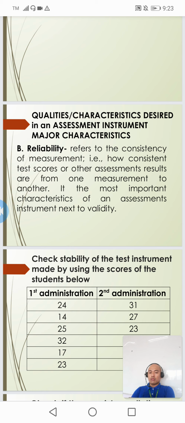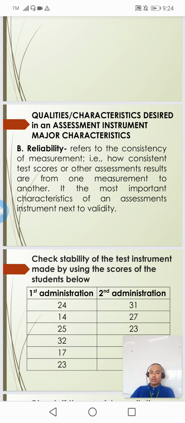So ito yung dapat natandaan natin when we are checking the reliability of our test instrument. Now, make sure that if you are checking the internal consistency of our test instrument, we can utilize the split half method, of which we have already discussed in the validation techniques or in the validity of a test instrument.